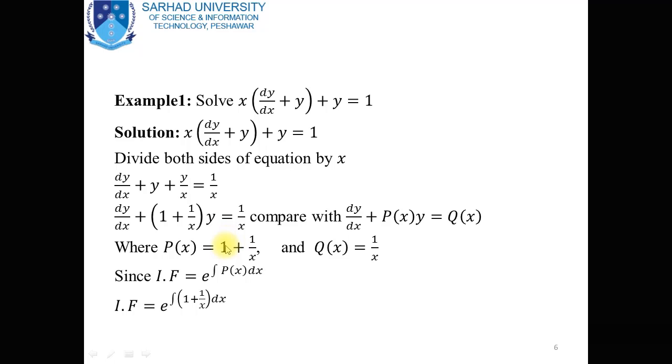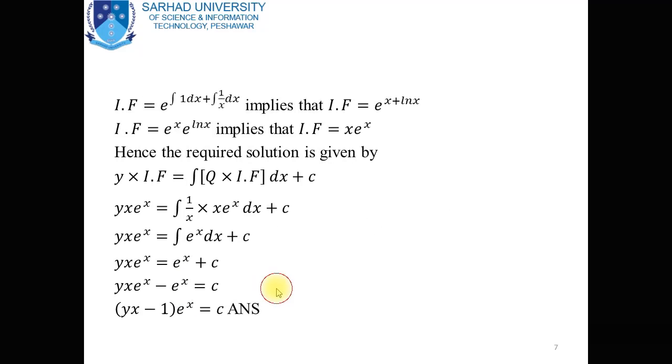Now first of all, find the integral factor. The integral factor formula is e power integration of p function with respect to x. If y is a dependent variable, then p will be a function of x. So to find the integral factor, e power integration of the p function, 1 over x with respect to x.